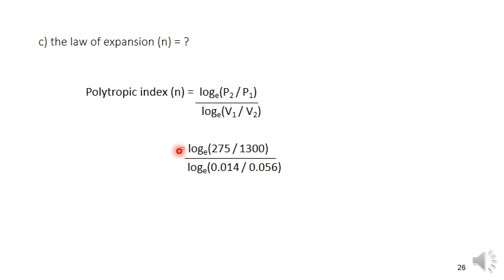First calculate the numerator, that is log e of 275 by 1300, like that log e of 0.014 by 0.056. Do the calculations carefully. First the numerator, after that the denominator, then combine them. So we got the polytropic index as 1.12.